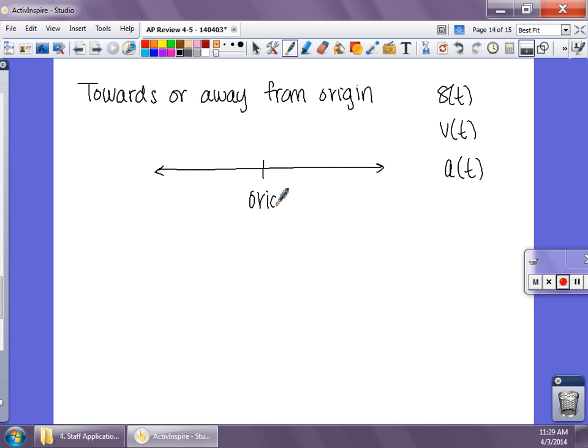Here's the origin. Does it matter which way I stand? Will it change which way I am moving? So I put a little man on my left side. I move towards the right. So if I'm standing over here, my position is negative.